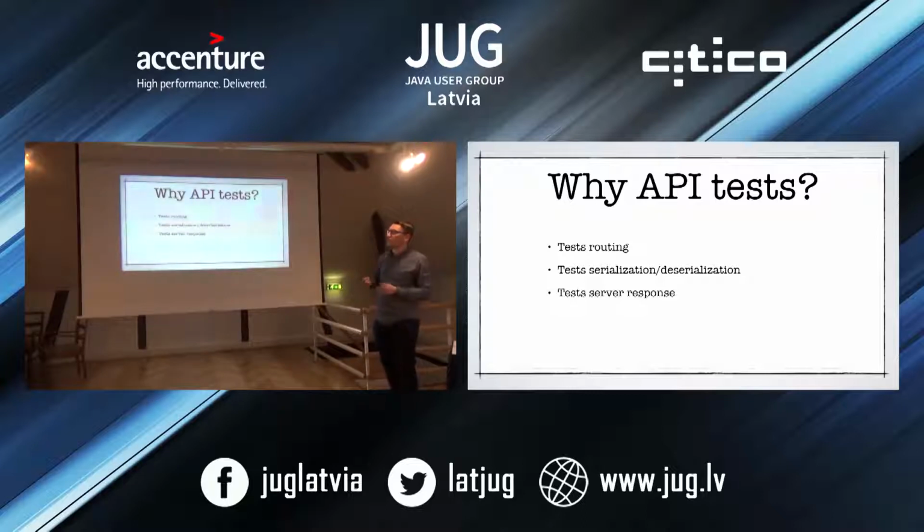So within Java code, we are not writing unit tests on different status codes. For example, is it okay? Is it forbidden? Is it created? Or anything else? Because it's quite hard to do it from JUnit without starting up a container.